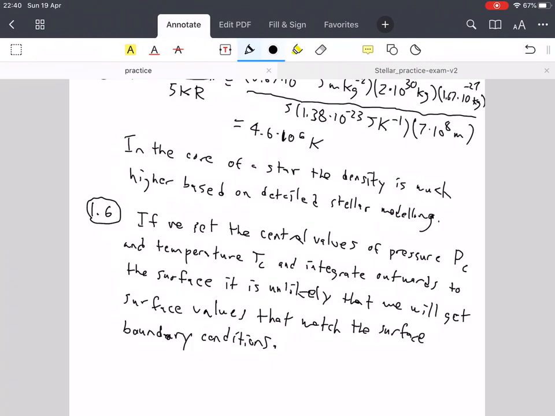Okay, and the same is true if we do the opposite. If we start at the surface and we integrate inwards to try to get the central boundary conditions.